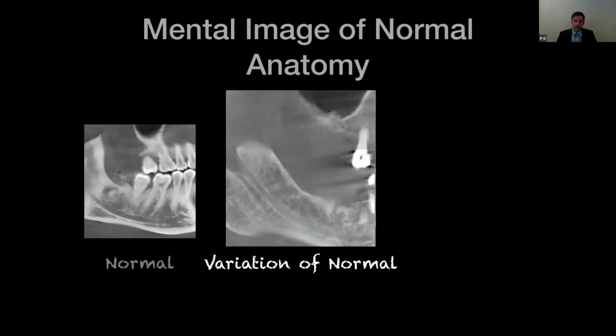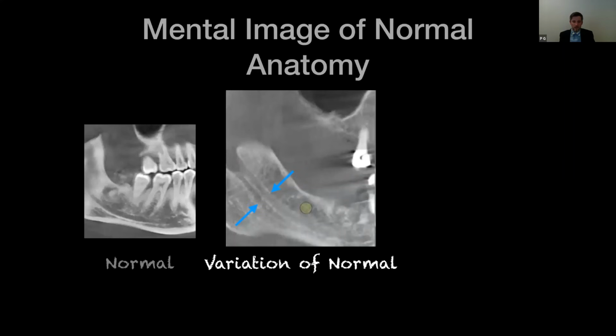So here's another sagittal view of a cone beam scan for a variation of normal. We have the mandibular canal here, but we also have a second right here. So this mandibular canal is actually bifurcated.